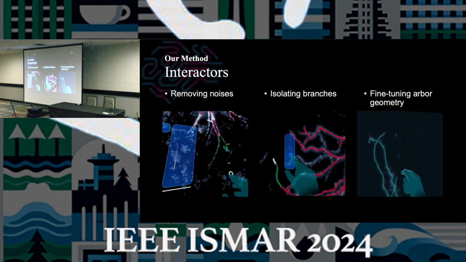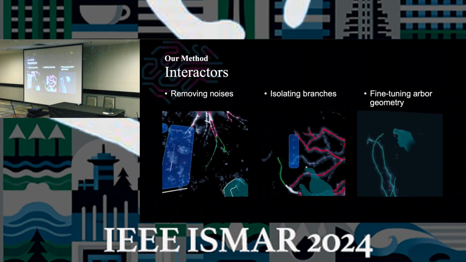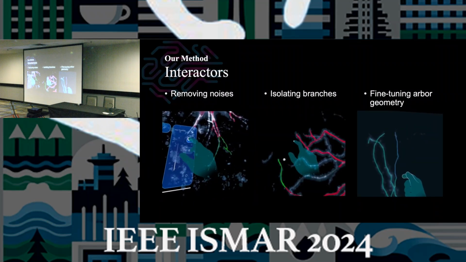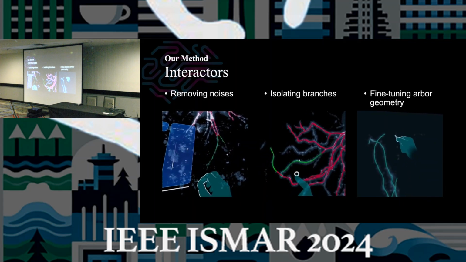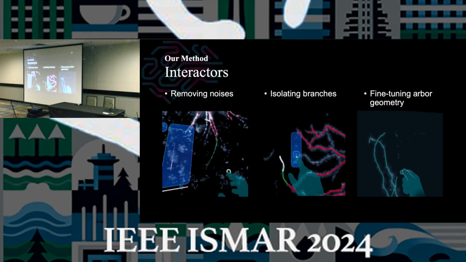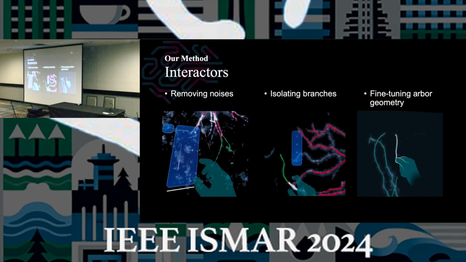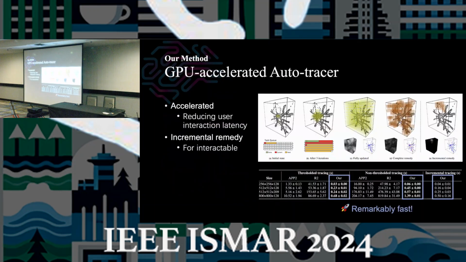We also provide several other interactors to enhance the neuron tracing process. These include tools for removing noise, isolating branches, and fine-tuning arbor geometry, making the process more efficient and accurate. In order for interaction to be responsive, we present a GPU-accelerated auto-tracer.